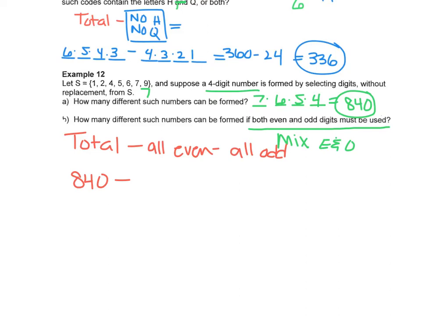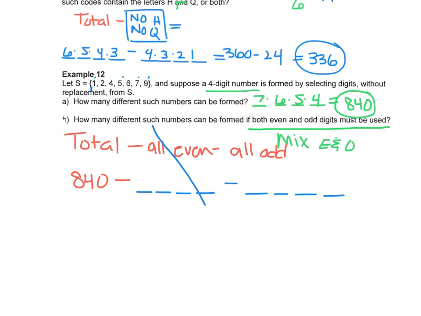I don't need to find that again. And then I'll use event blanks to figure out how many such codes are all even and all odd. Okay, so if I select codes that are all even, it means I can't use any of my odd numbers. And you'll see there's only 3 left. So I actually cannot produce codes that are all even. Can't do it.